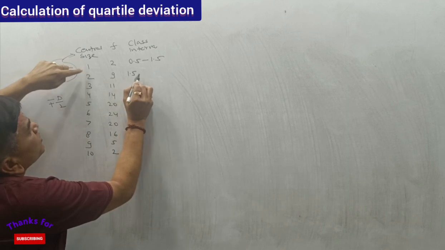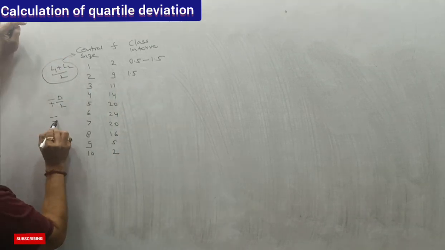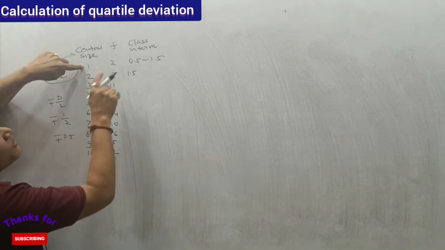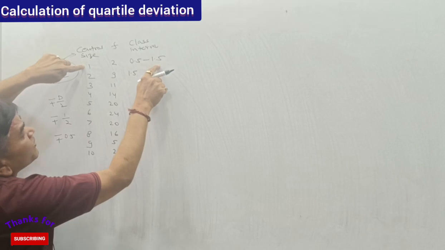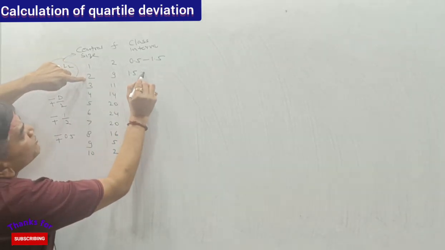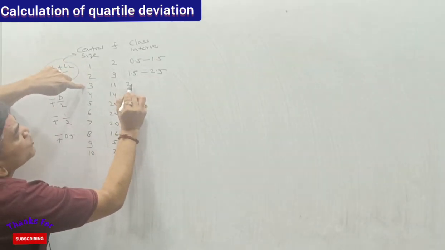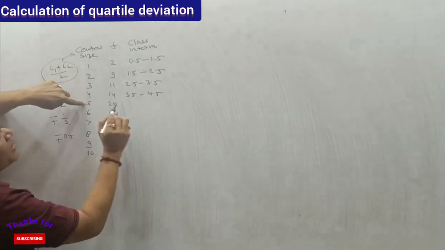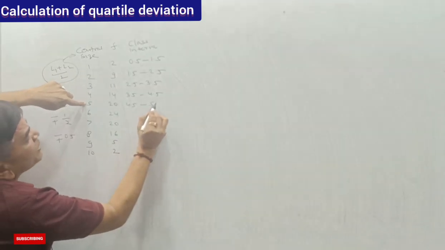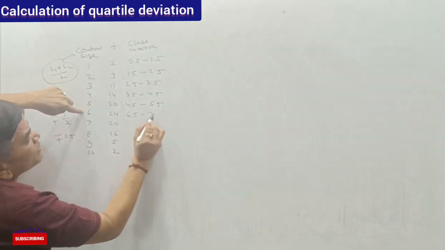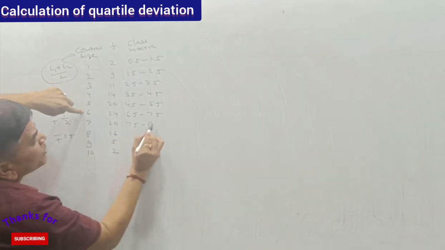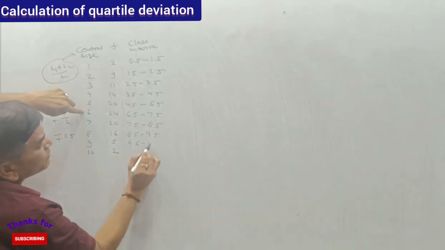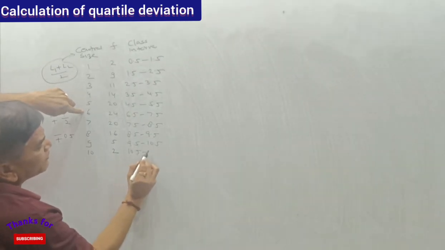Then 1.5 to 2.5, 2.5 to 3.5, 3.5 to 4.5, and so on: 6.5 to 7.5, 7.5 to 8.5, 8.5 to 9.5, 9.5 to 10.5, and the last one, 10.5 to 11.